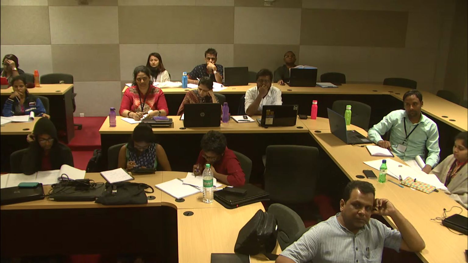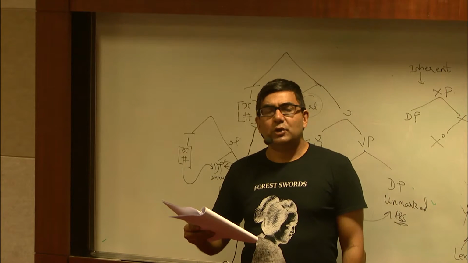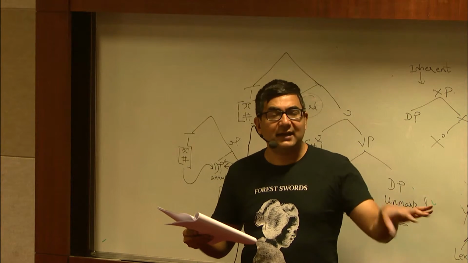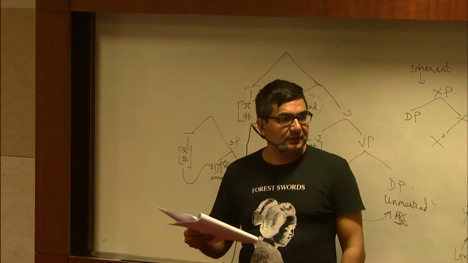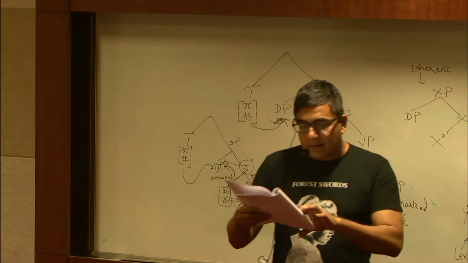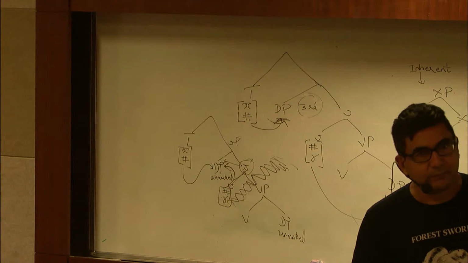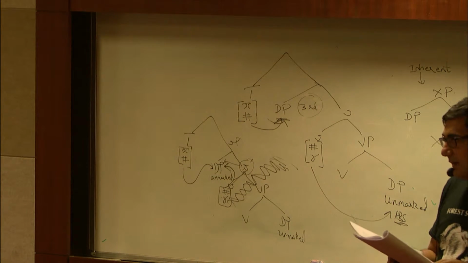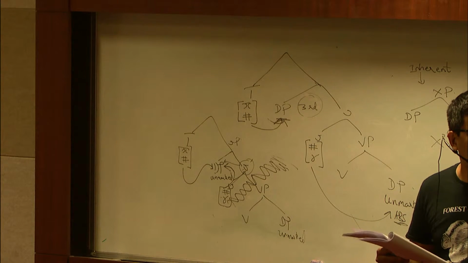So now if you imagine a situation where you have something like John arrived, or John has arrived, and arrived has masculine singular features, then both 19A and 19B will match, but 19B will win, because you want to insert the most specific feature possible.